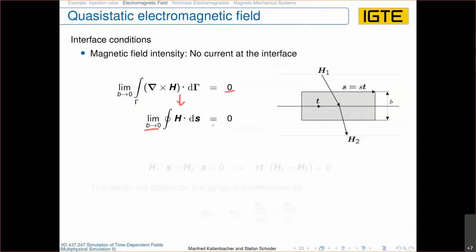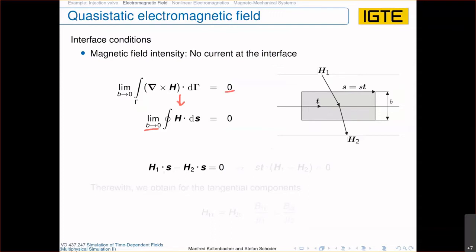This makes sense because we want to end up immediately at the interface. When this box is very small and we go towards the interface, we can say that the H1 and H2 components are constant.